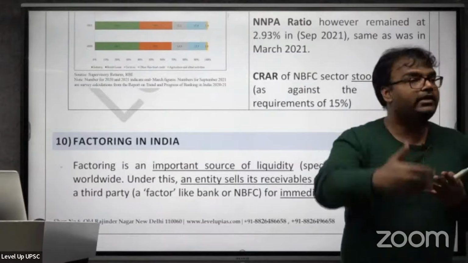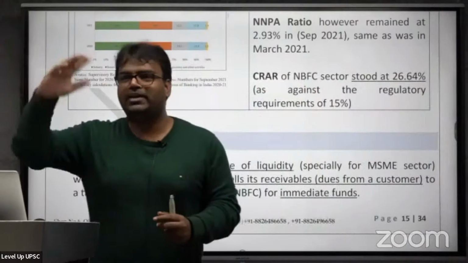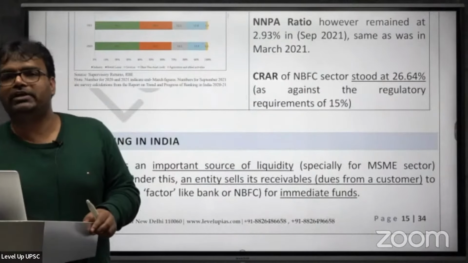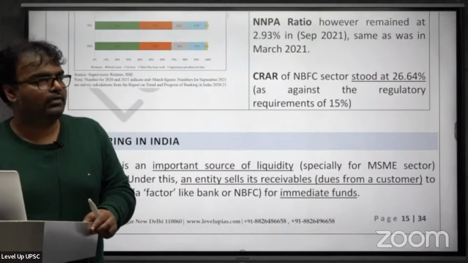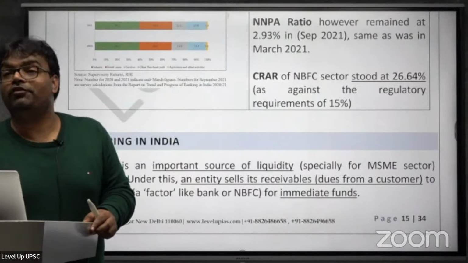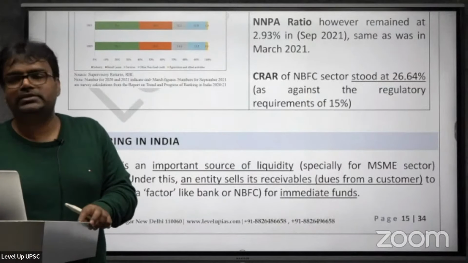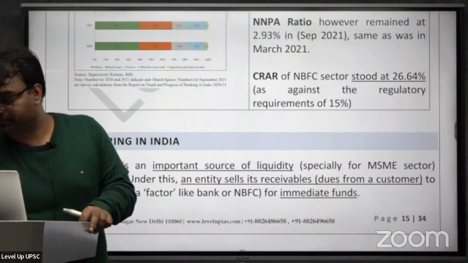When we say it again and again, you will not forget it till the examination. Okay, NPA has definitely gone down, but not in the case of NBFCs. In NBFCs, GNPA has increased slightly when compared to last year.